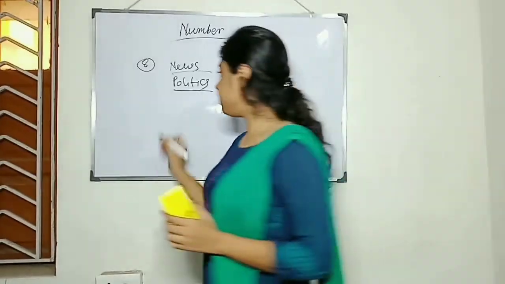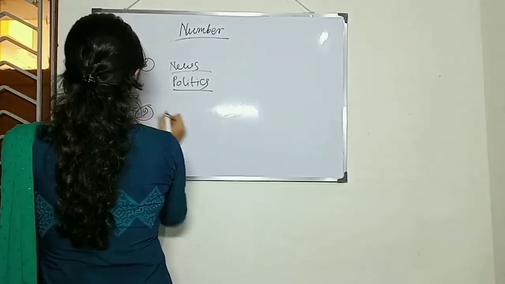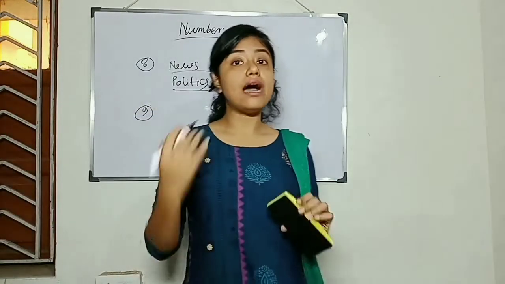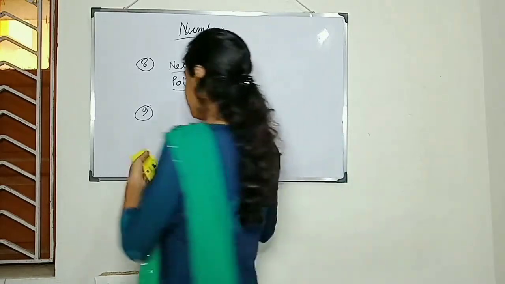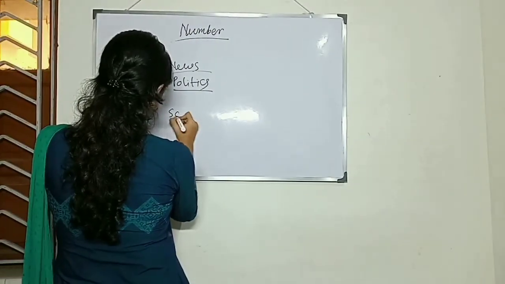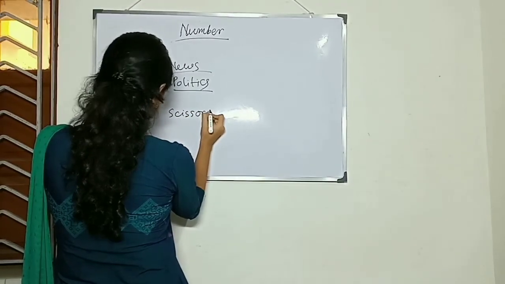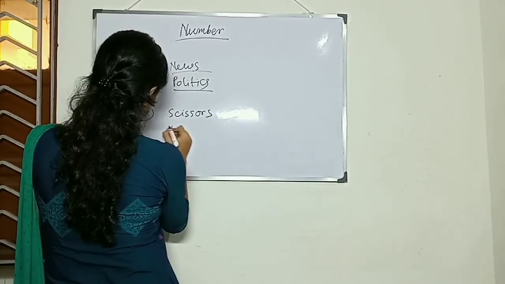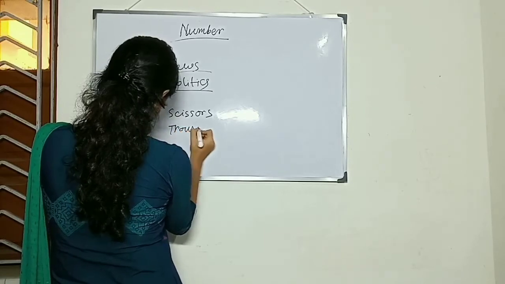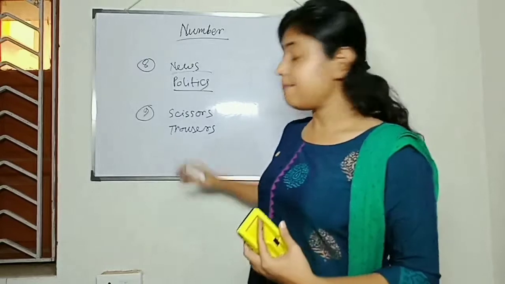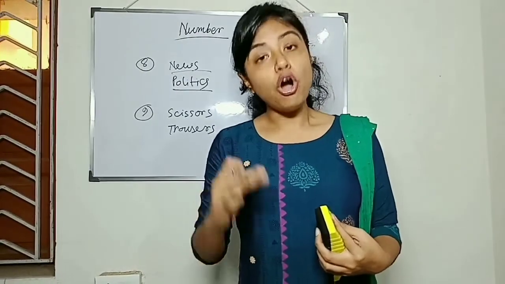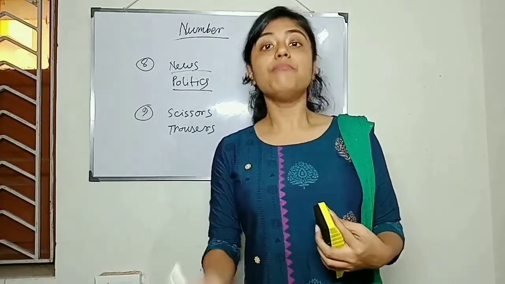Rule number 9. Some nouns are always plural. Okay, for example, scissors, then trousers. In order to make them singular, we often add a pair of before them.